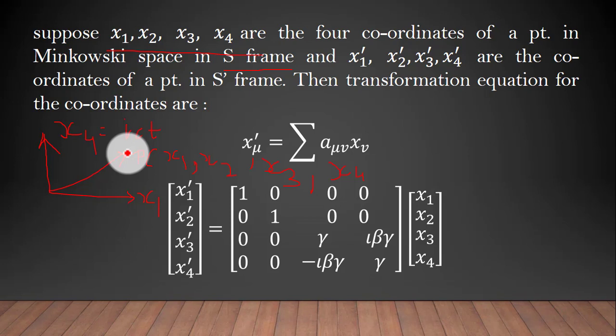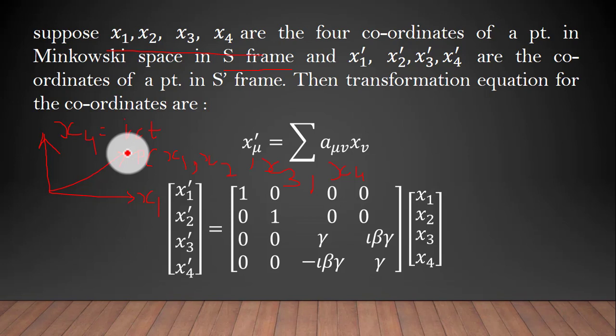Now suppose we have another frame in Minkowski space, the S prime frame, which is moving with velocity v with respect to this S frame, and again these frames were coinciding at time t equal to t prime equal to 0.